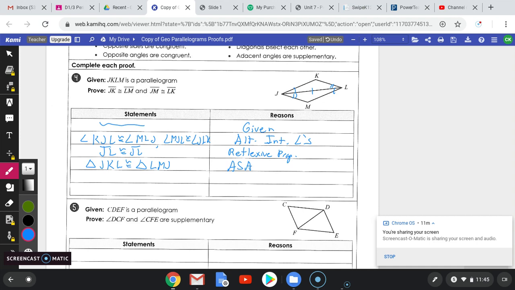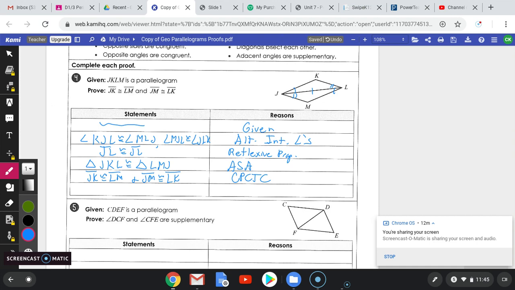And now we could just go right to saying, well, that means JK has to be congruent to LM, and JM has to be congruent to LK because of good old CPCTC.